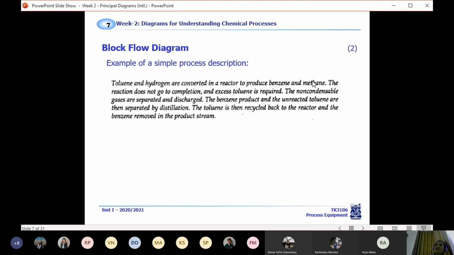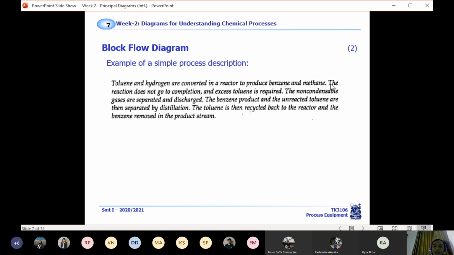So you already have the component for the inlet and the component for the outlet. The inlet is toluene and hydrogen, and the outlet will be benzene and methane. Then the reaction does not go to completion, and excess toluene is required. Then non-condensable gas is aspirated and discharged.